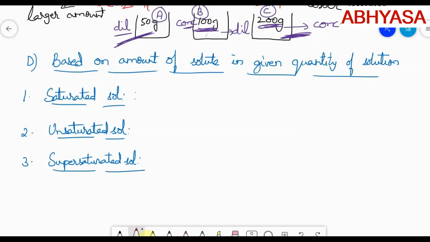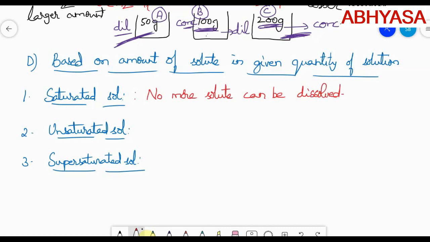First, the saturated solution. Those solutions in which no more solute can be dissolved are called saturated solutions. It is because, as per its capacity, the maximum amount of solute is already dissolved in the solution.